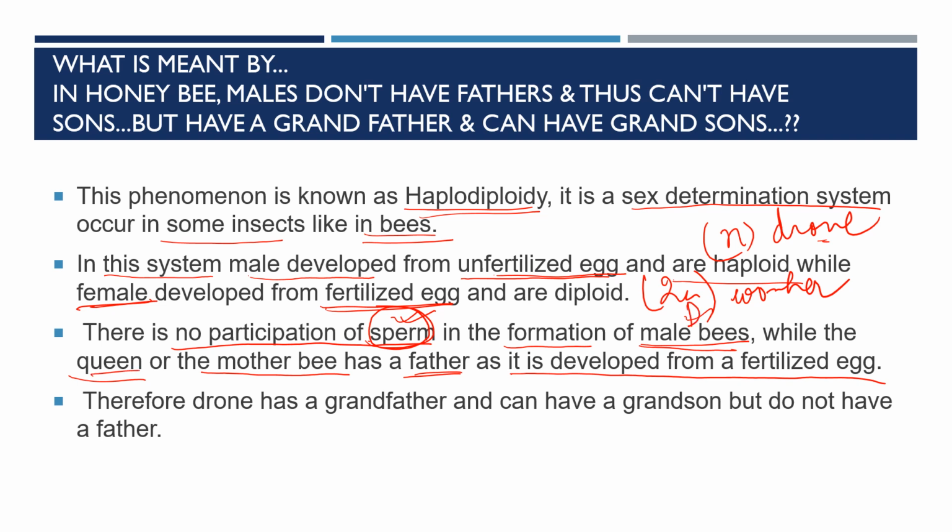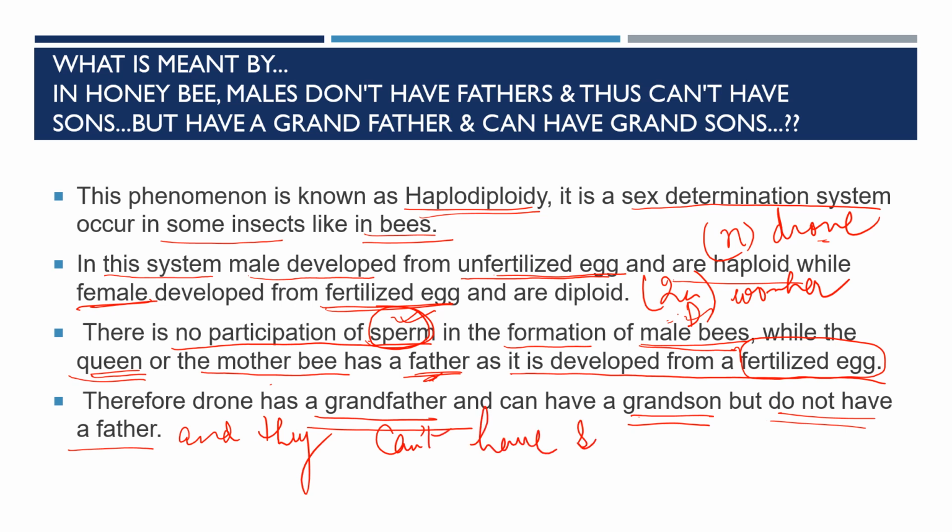The queen was formed from a fertilized egg with the help of a sperm. That is why the mother of the drone has a father. So the drone has a grandfather and can also have a grandson, but does not have a father and cannot have a son.